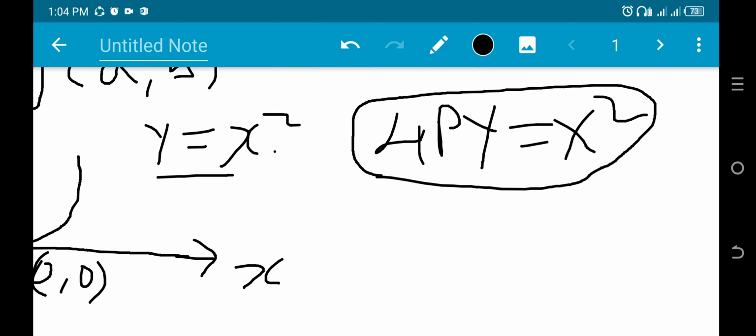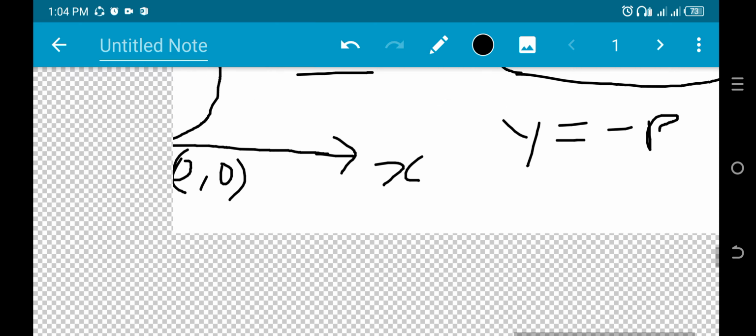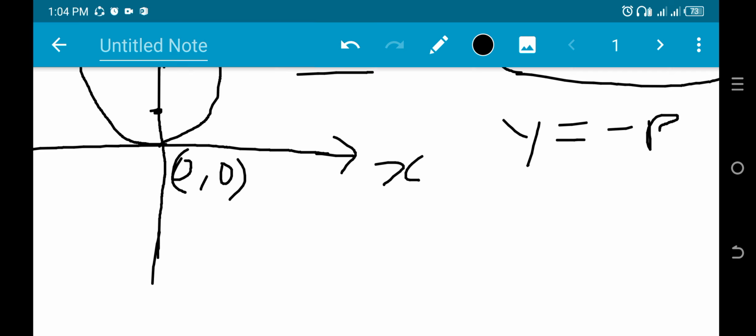So it means now that y, which is the coordinate for the directrix, is equal to negative p. Since the focus is p, y is equal to what? Negative p. So let's say we have our focus here. It means the directrix will be somewhere here. One key thing which you need to know and understand is the distance from the starting coordinate of the parabola, which is here, going up to the focus and going down to the directrix.